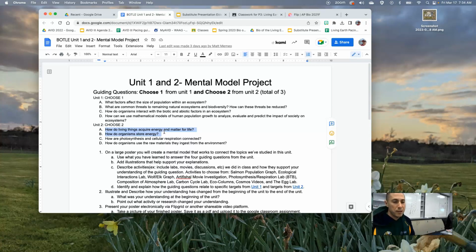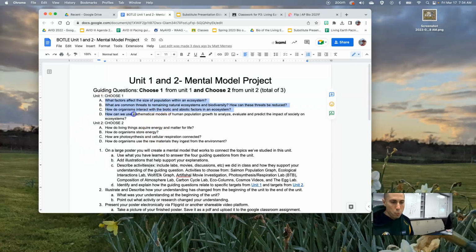Kind of that scientific idea about answering questions. We're not just about having little bits of knowledge. And you answer one from Unit 1. Because things in Unit 2 still apply to Unit 1, you'll be using a lot of those ideas. So you choose one from Unit 1, two from Unit 2.